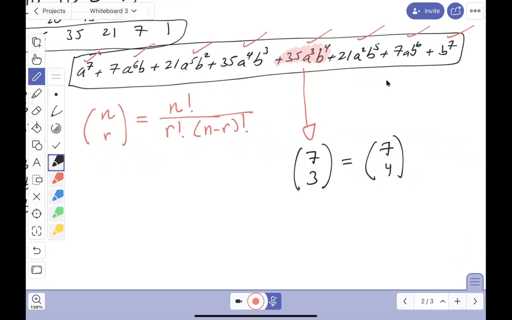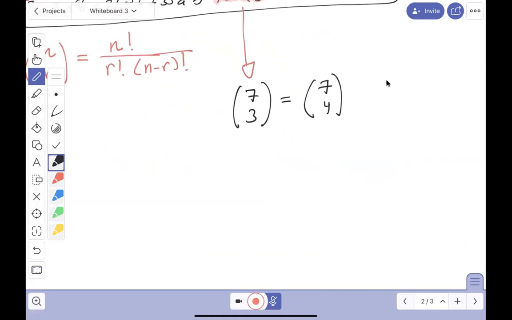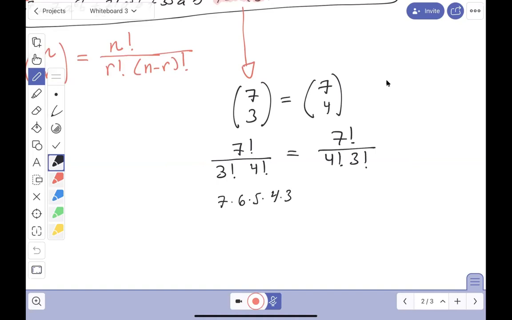Let's go through the arithmetic. And yes, you have to be able to compute that. The first one is 7 factorial over 3 factorial, and 7 minus 3 is 4 factorial. What do you get over there? 7 factorial over 4 factorial, and 7 minus 4 is 3 factorial. Let's do the arithmetic. You get 7 times 6 times 5 times 4 times 3 times 2 times 1.